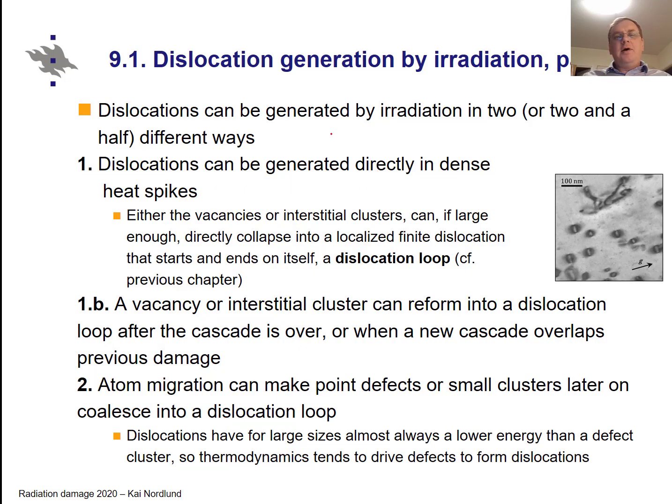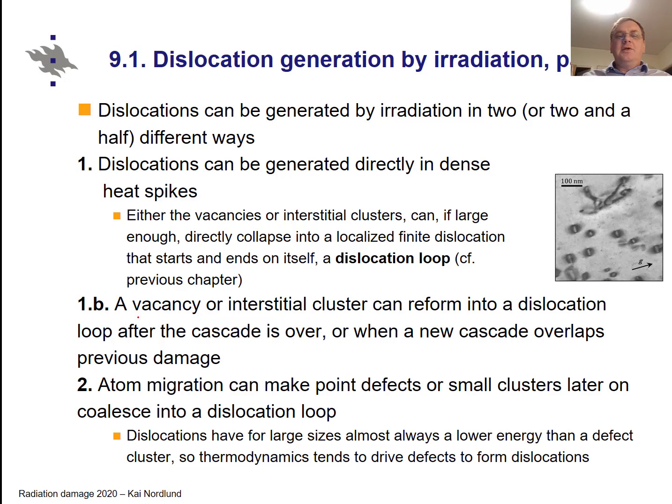Well, to give a brief overview of how dislocations can be generated by irradiation, you can say that there are 2.5 ways of doing it. First of all, you can generate dislocations directly in dense heat spikes, and then they can collapse into dislocation loops, and these have been described earlier in this course.